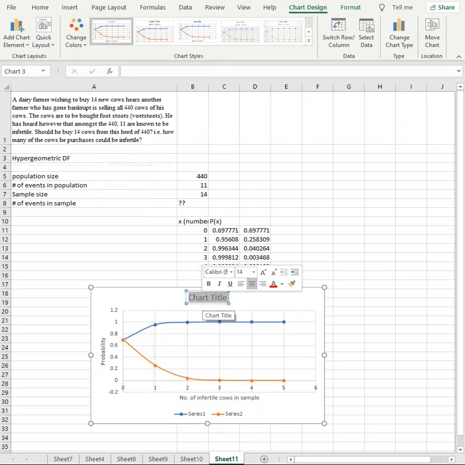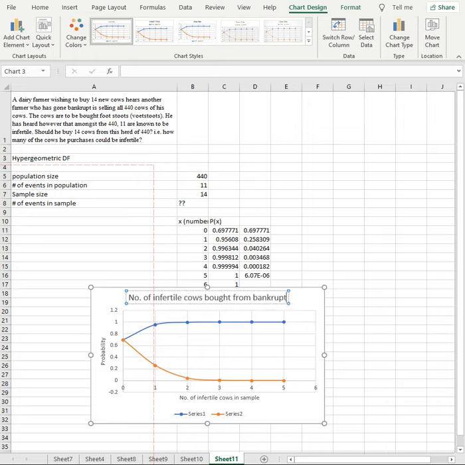And this one, none of the reference cows bought from bankrupt farmer. And we label this one where n is the sample number. So n is a sample number of, so that many.